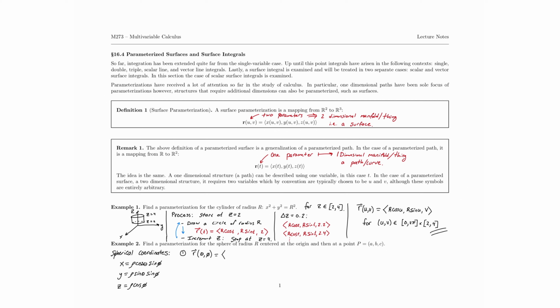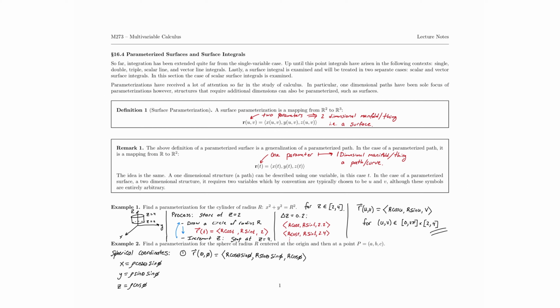Now notice here, because it's a sphere of radius r, this rho is not going to change. So for us, we're going to let r equal rho. So this would be r cosine theta sine phi, r sine theta sine phi, and r cosine phi.